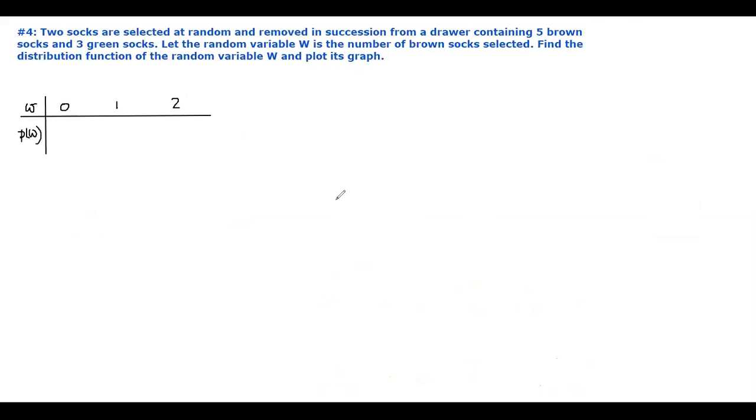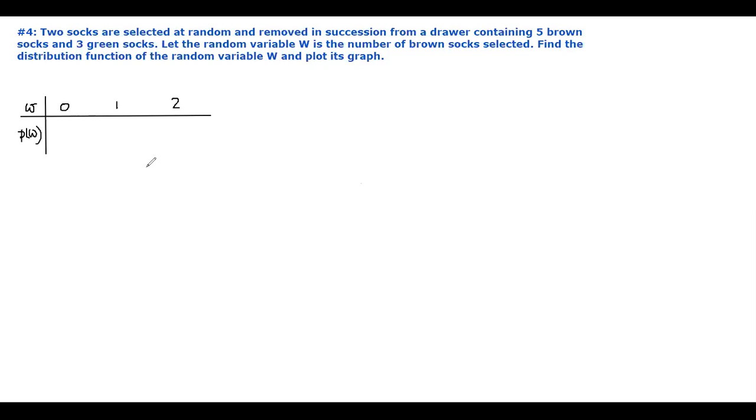So we say we have 5 brown socks and 3 green socks. And the random variable W is defined as the number of brown socks. So we know we can have 0 brown socks, 1 brown sock, or 2 brown socks.